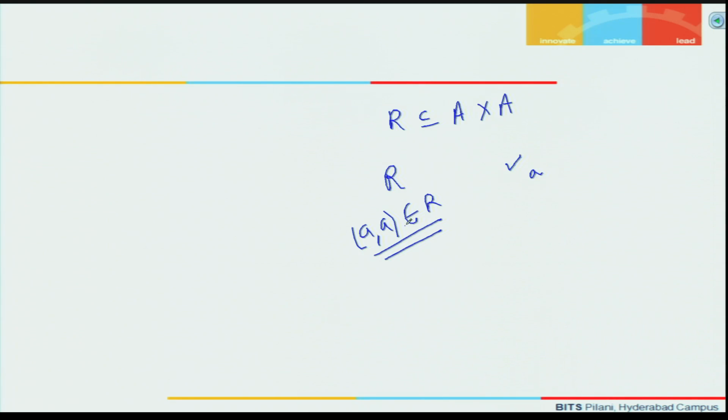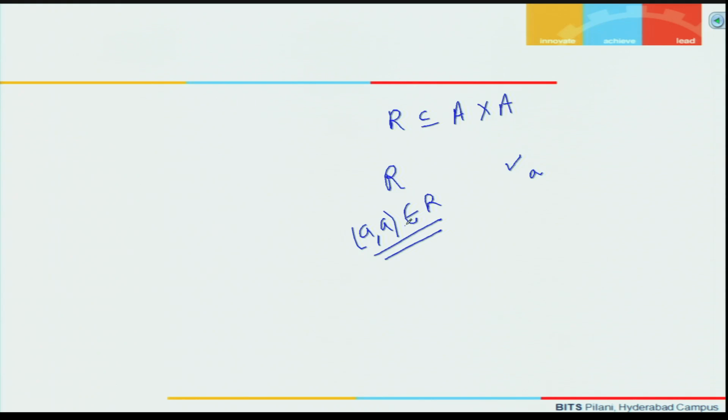I will add some elements to the relation that is given to me. What I am going to add is the tuple (a, a), to relation R to make it reflexive. Whatever tuples are missing in the relation R for not having this reflexive property, I am going to add to R to make it reflexive.